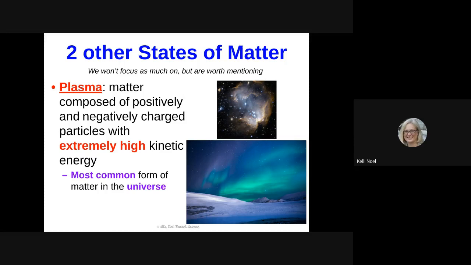And so in comparison with all the stars that exist, it's going to be the most common. It may not be the most common on Earth, but it's the most common in the universe. So you're going to find it in stars, you're going to see it in neon lights, and the auroras.